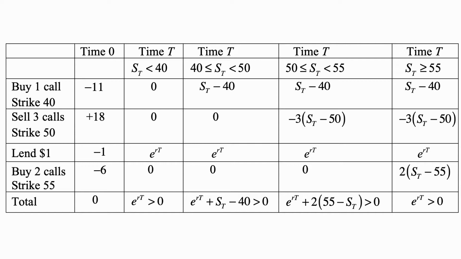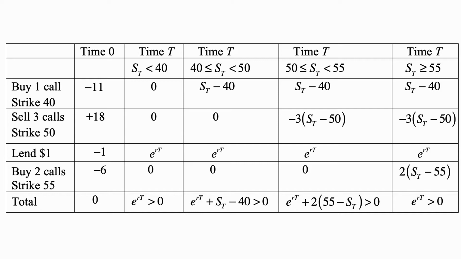Then when S sub t is between 50 and 55, the first position has a payoff of S sub t minus 40. That's the way it's going to stay as long as the stock is above 40. The short 3 calls strike 50 position is worth minus 3 times S sub t minus 50. Lending of $1 is e to the RT.